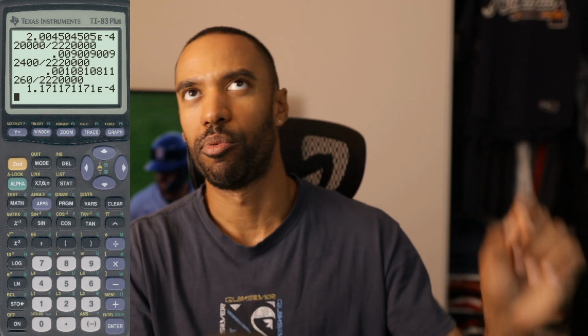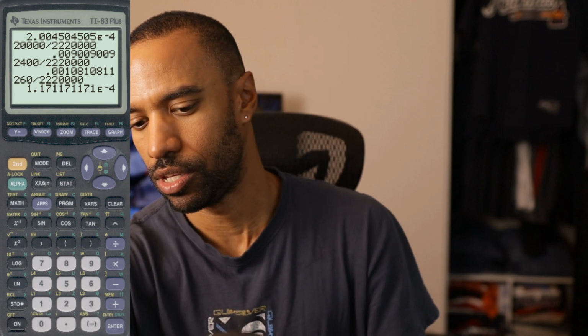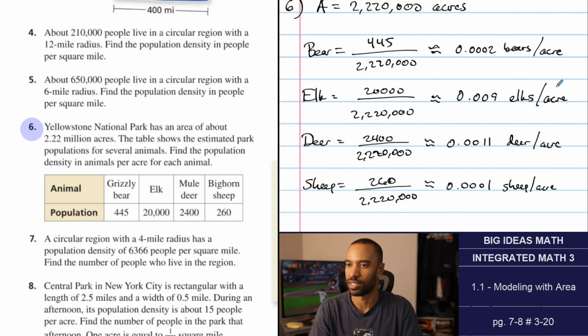And the last one, this will probably give us that same scientific notation as we just saw from the other one. So this is going to be 0.0001. I don't know if I should include the 2 after. 0.0001 sheep per acre.